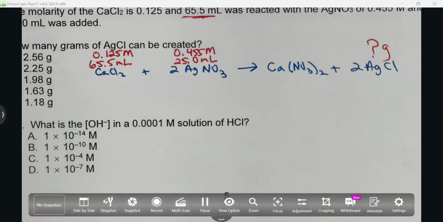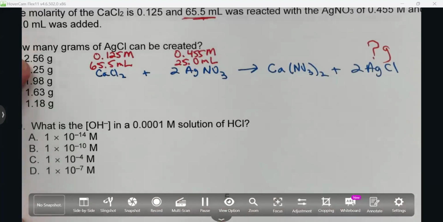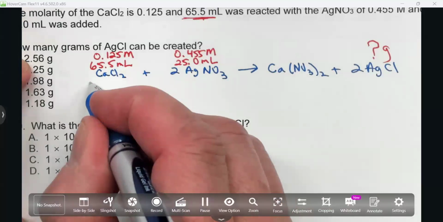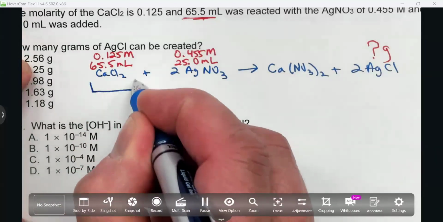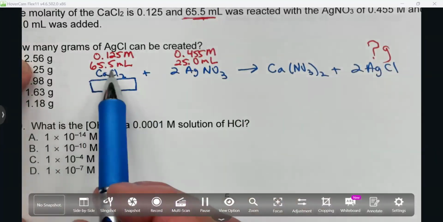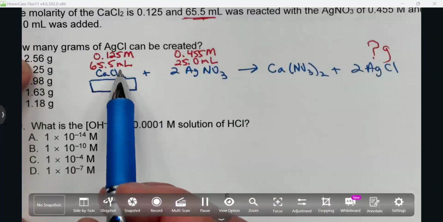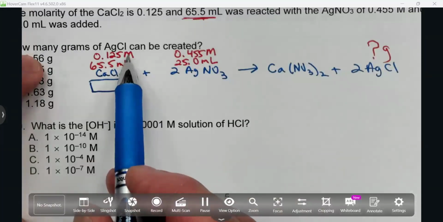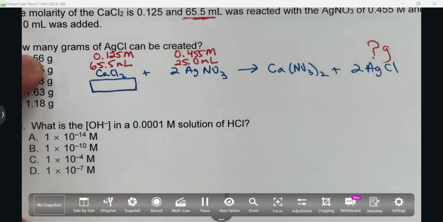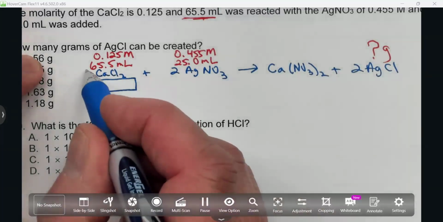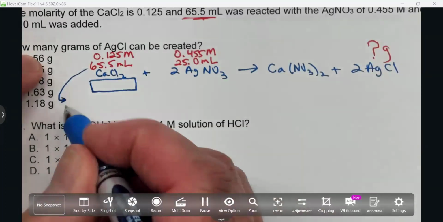We don't need our periodic table in the beginning here because we can quickly get how many moles. So if you deliver 65.5 milliliters of 0.125 molarity, how many moles is that? Well, we're going to start out with our single unit number.